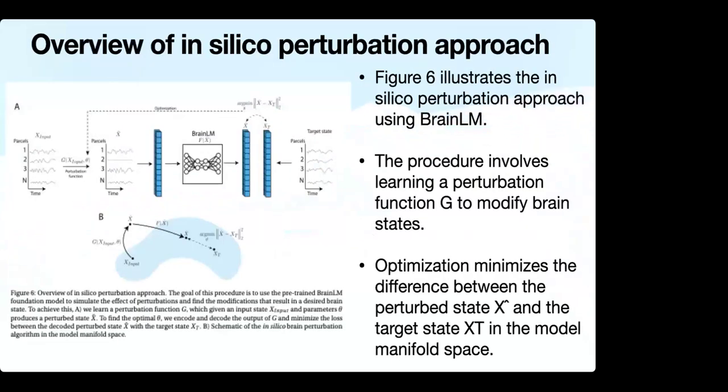So this is an image from their paper where they're explaining how this perturbation technique works. From what I can tell, they have this function that's modifying brain states. It looks like the input is the time series, and the output is some kind of perturbed state.